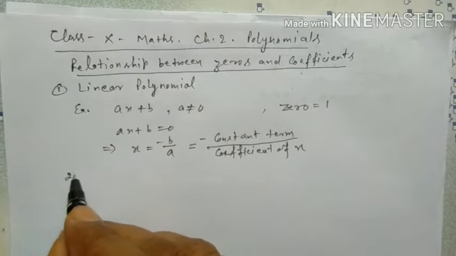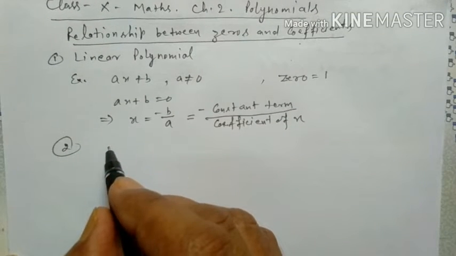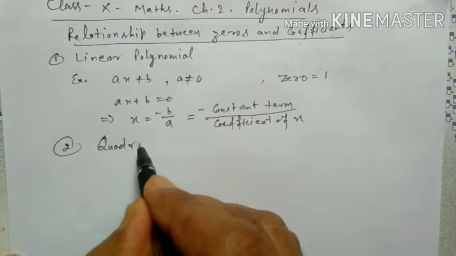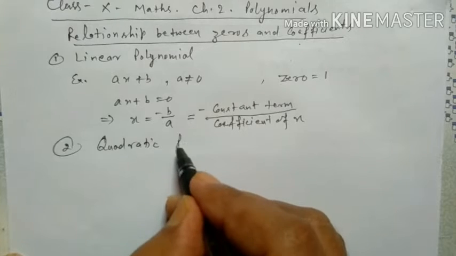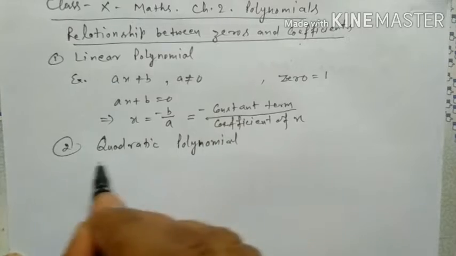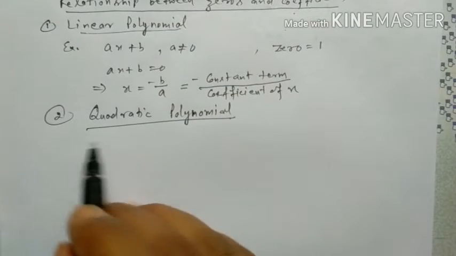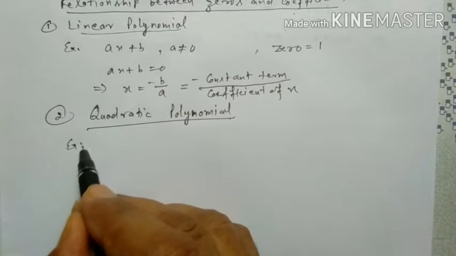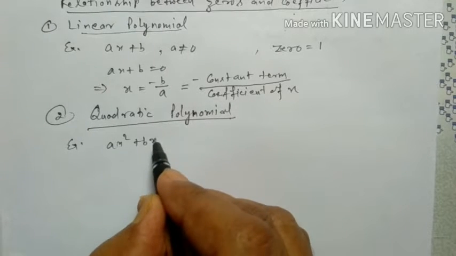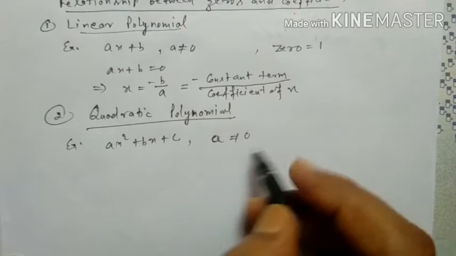Second case, in the case of a quadratic polynomial. The general form of a quadratic polynomial is ax square plus bx plus c, where a is not equal to 0.